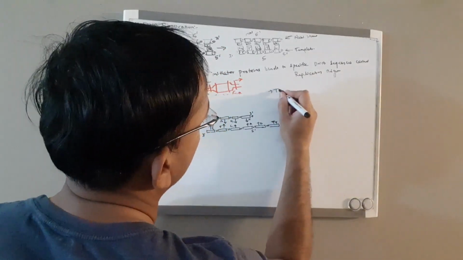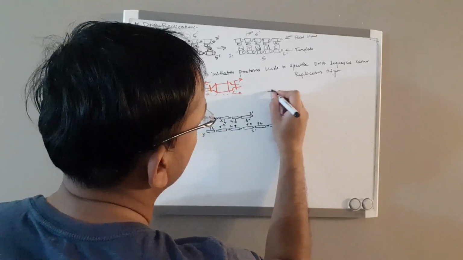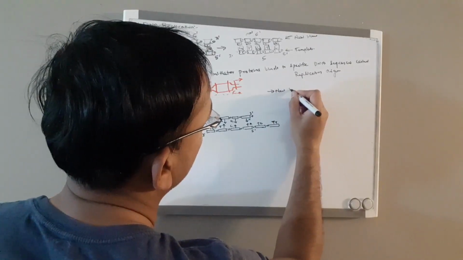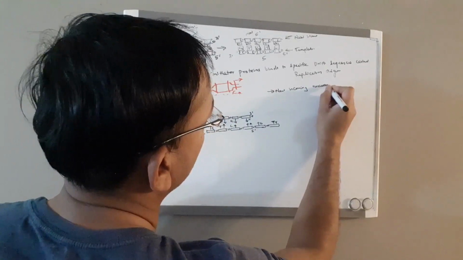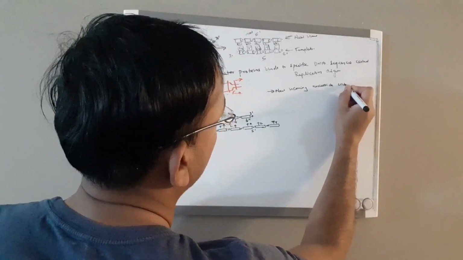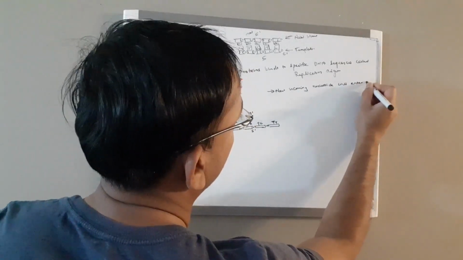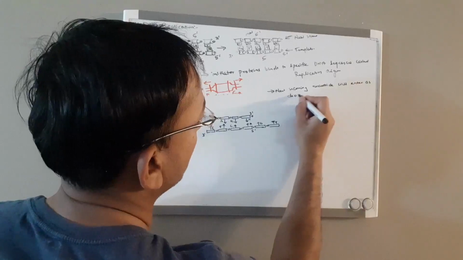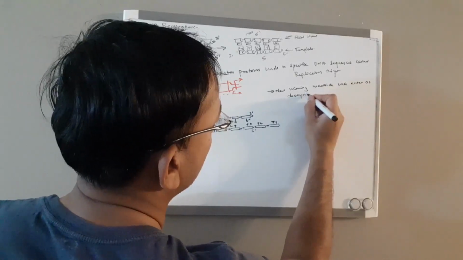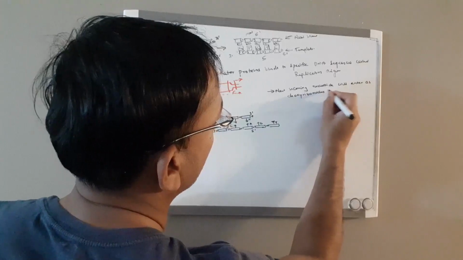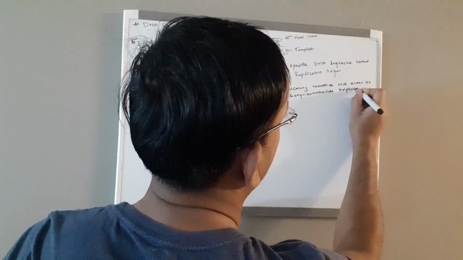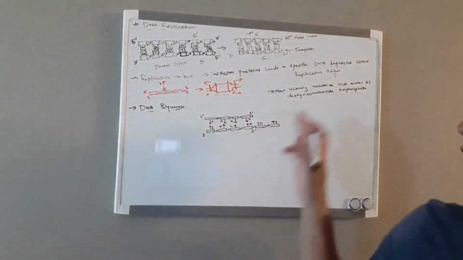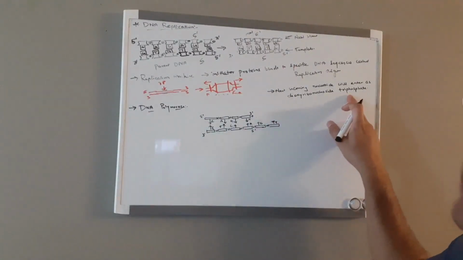I will write it down here: new incoming nucleotide will enter as deoxyribonucleoside triphosphate. So it will enter this reaction as a deoxyribonucleoside triphosphate.